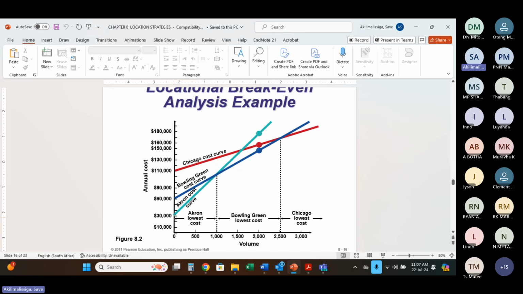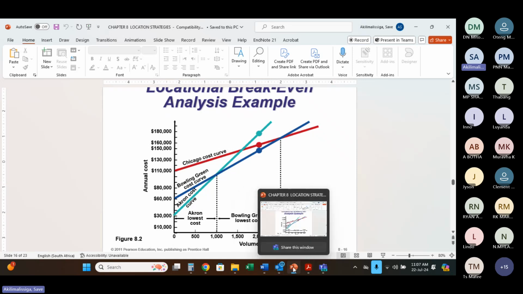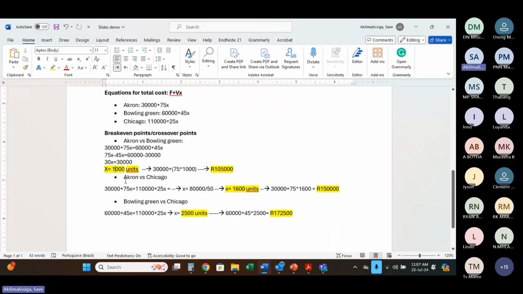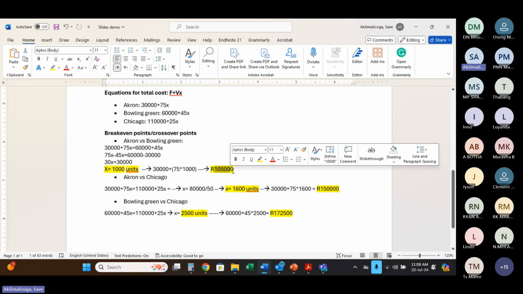Now, the second point is from the calculations that we did. We found that Akron meets with Bowling Green at a volume of 1,000, and on the other side you have the cost at that point. You have a volume of 1,000 and a cost of 105,000 rand.